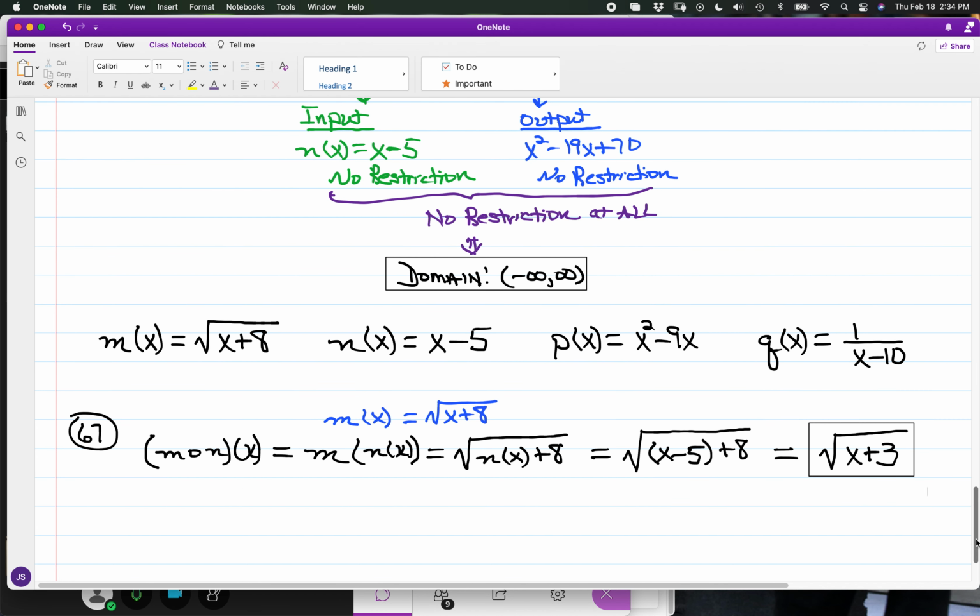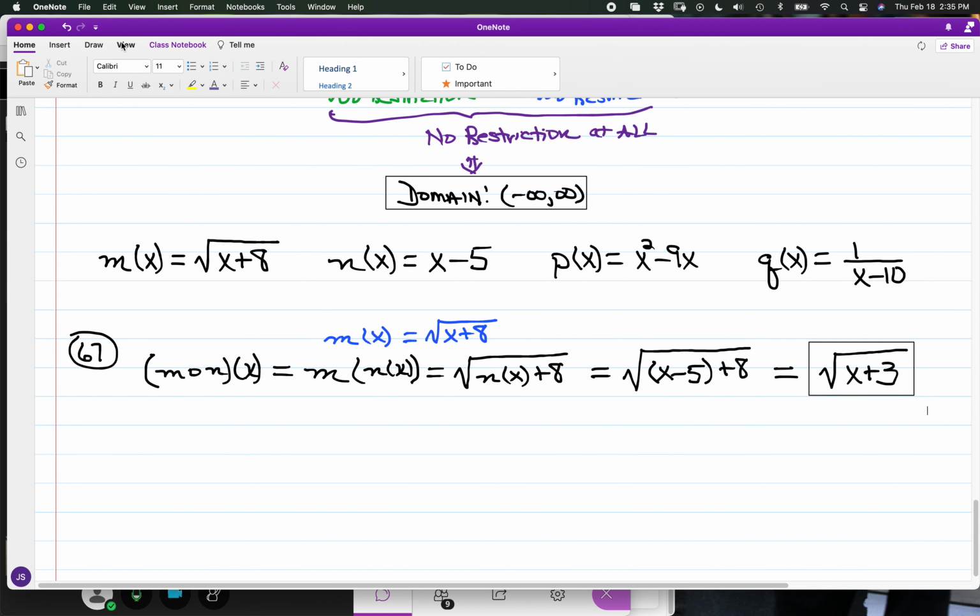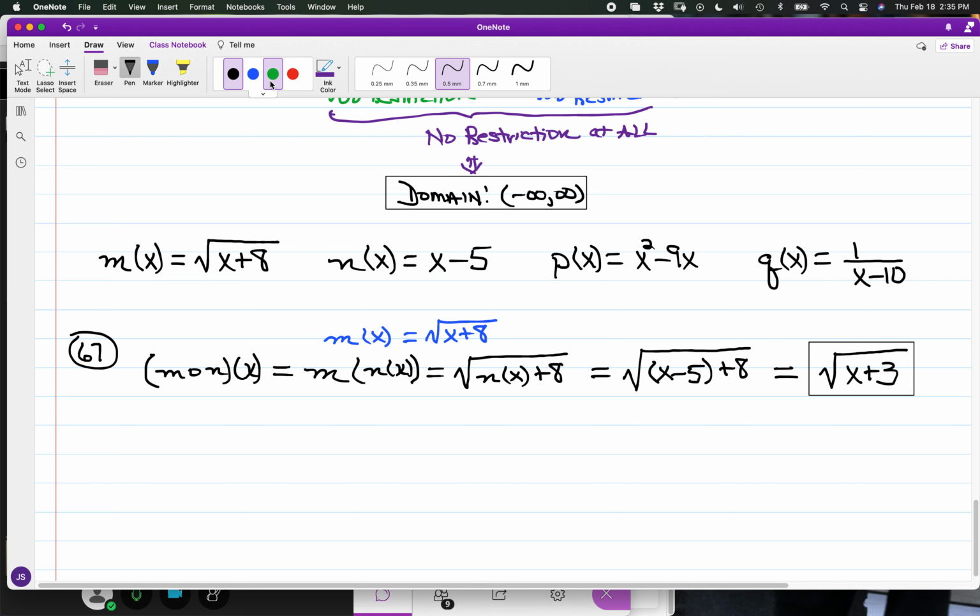And regarding the input and the output, again, n of x is the input. We have n of x equal to x minus 5, and since we have a direct expression, no fraction, no even root radical, you have no restriction upon the input.